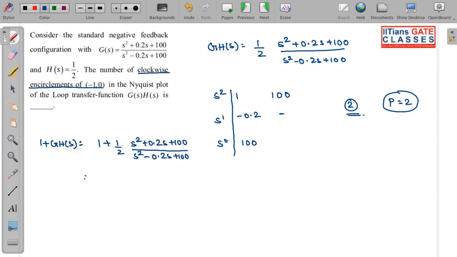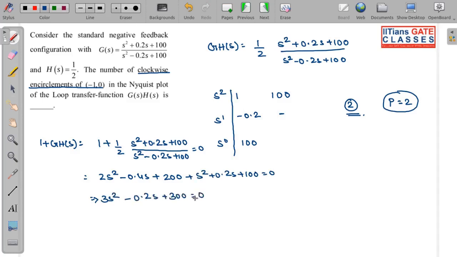If we solve this, equating to 0 for getting the characteristic equation, 2S square minus 0.4S plus 200 plus S square plus 0.2S plus 100 equal to 0. So this will be equal to 3S square minus 0.2S plus 300 equal to 0.